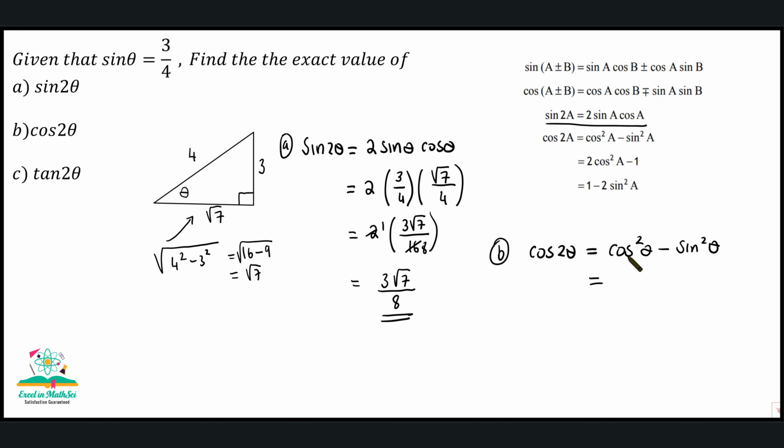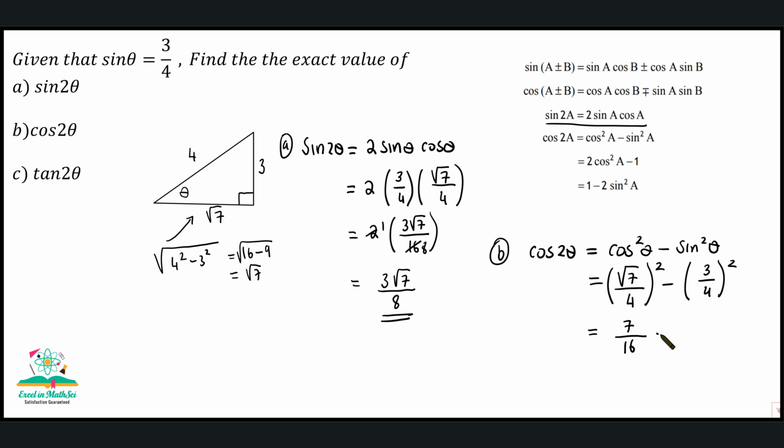So cos squared theta, we already know that cos is root 7 over 4, all squared, minus sine, which is 3 over 4, all squared. So root 7 times root 7 will just be 7.